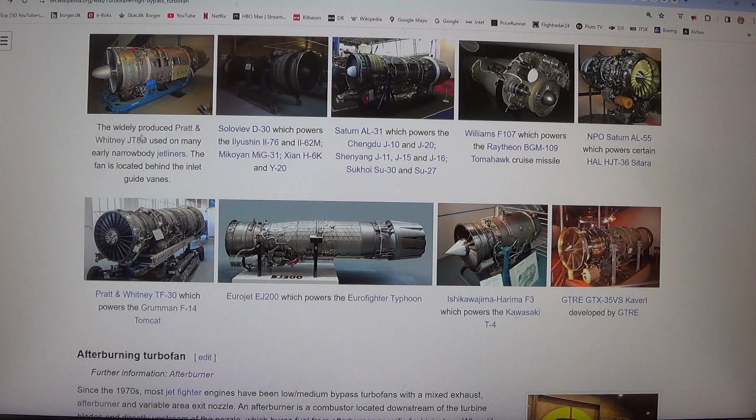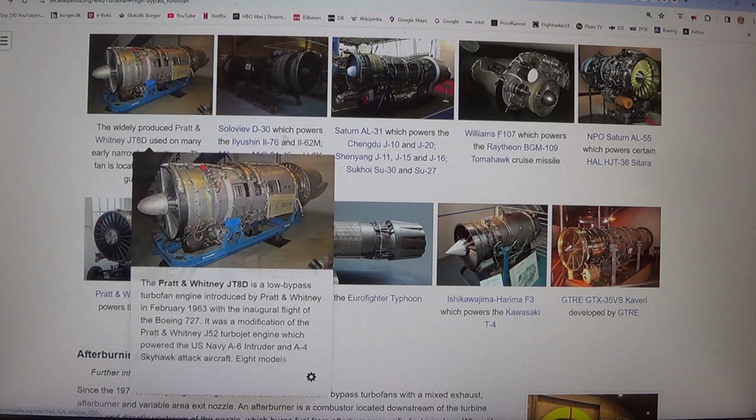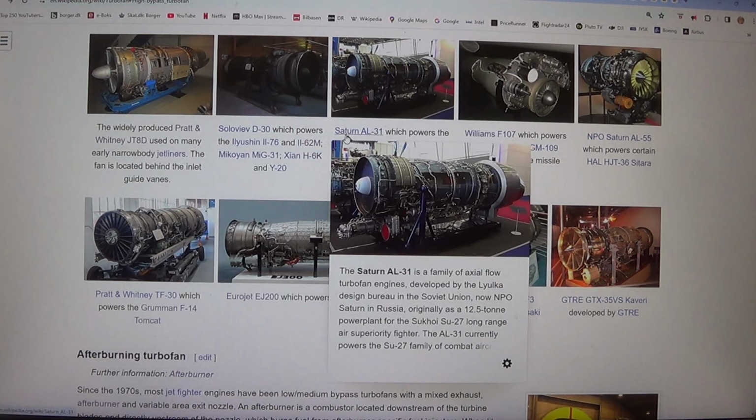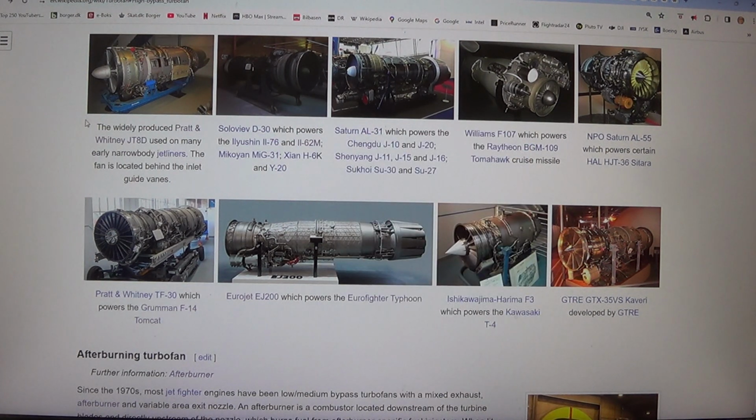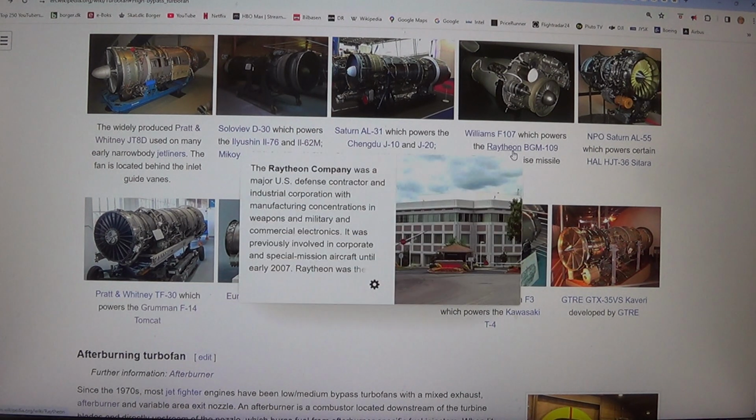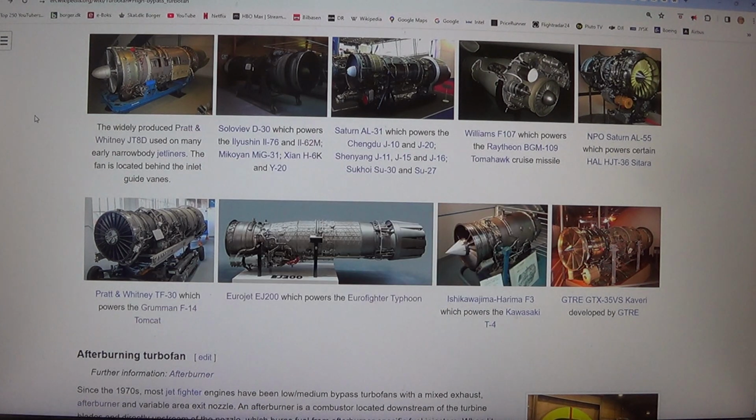3. Saturn AL-31, which powers the Chengdu J-10 and J-20, Shenyang J-11, J-15 and J-16, Sukhoi Su-30 and Su-27. 4. Williams F107, which powers the Raytheon BGM-109 Tomahawk cruise missile. 5. NPO Saturn AL-55, which powers certain HAL HJT-36 Sitara. 6.